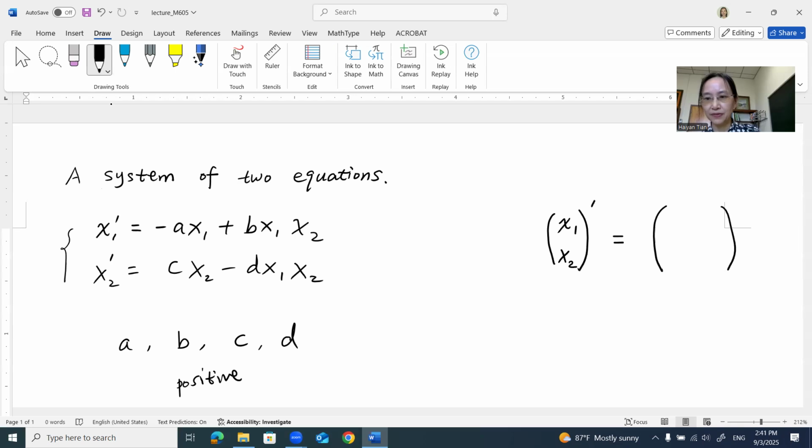So we can put A x1 plus B x1 x2 and C x2 minus D x1 x2. So that is another form of the same system.